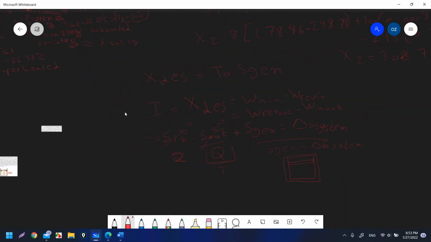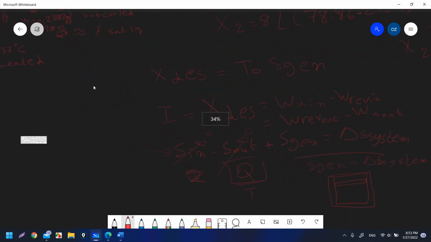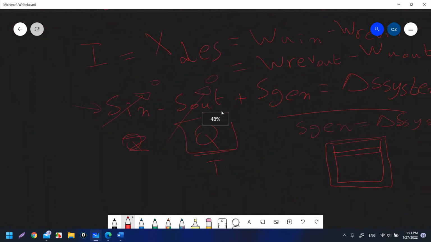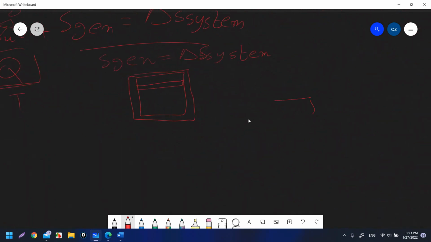You have to see the specific volume. Why? Because the piston cylinder can be an expansion process. The piston is now here, and after a while it will be here.